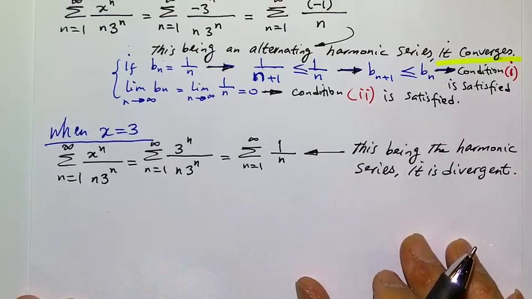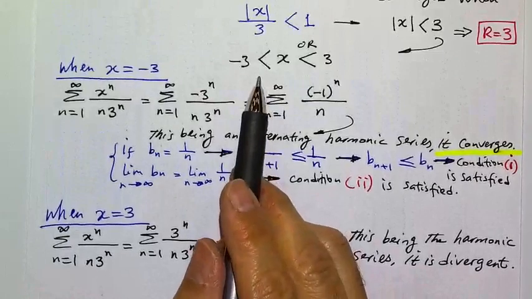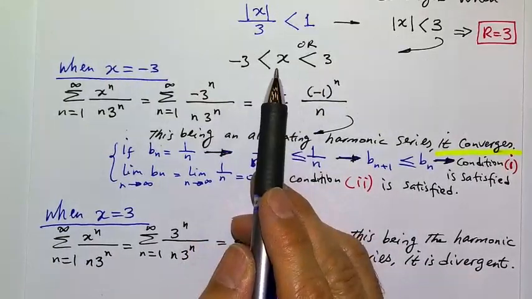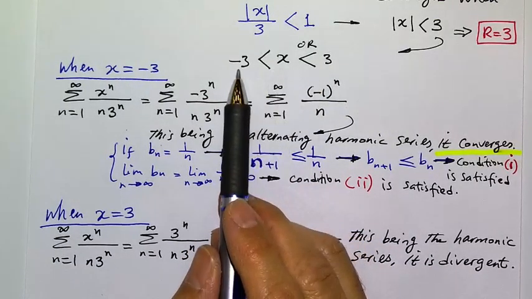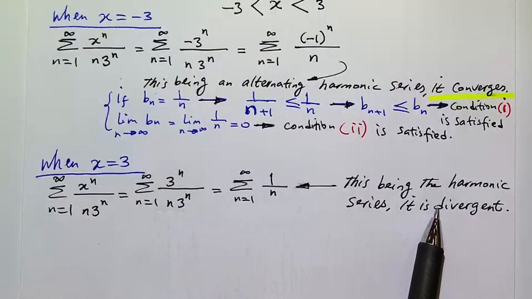Okay, so therefore, we've now evaluated this whole interval. We know that within the interval, the series converges. At x equals -3, it converges. But at x equals 3, as we showed here, it diverges.